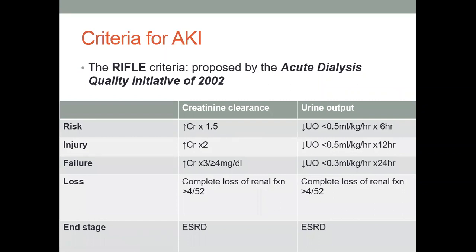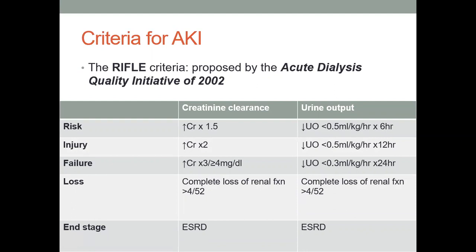Now, there are different criteria that have been developed or proposed to make a diagnosis of acute kidney injury. Some of the common ones are the RIFLE criteria, proposed way back in 2002 by the Acute Dialysis Quality Initiative.